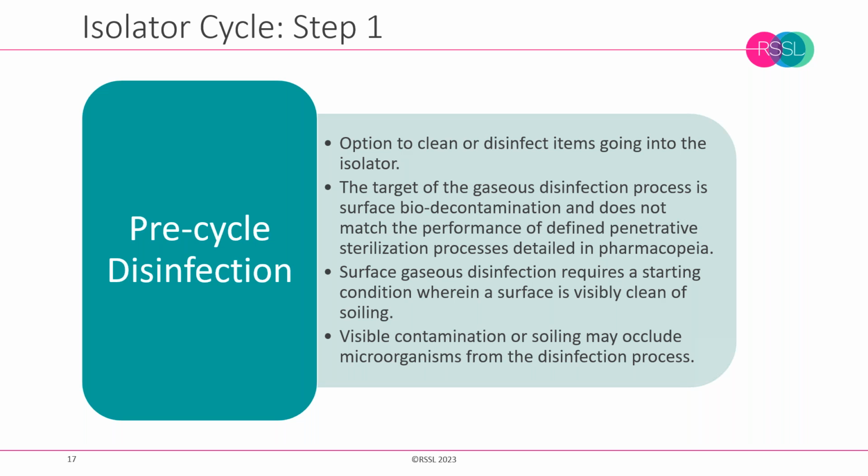It's also important that the isolator that's being loaded, as I mentioned, is clean, and cleanliness is something else that needs qualifying, so cleaning validation studies, because otherwise the general assessment rests on an examination of freedom from visible contamination, but soiling will adversely affect the efficacy of the cycle.